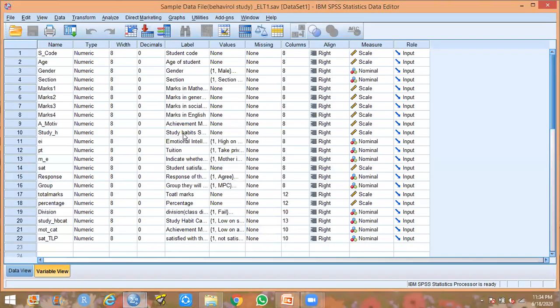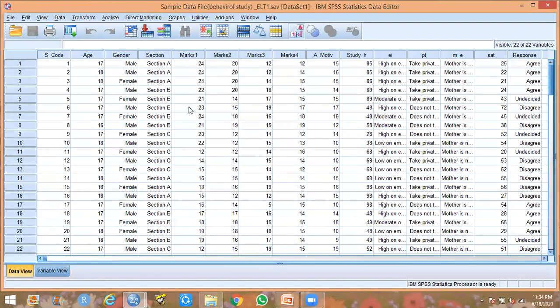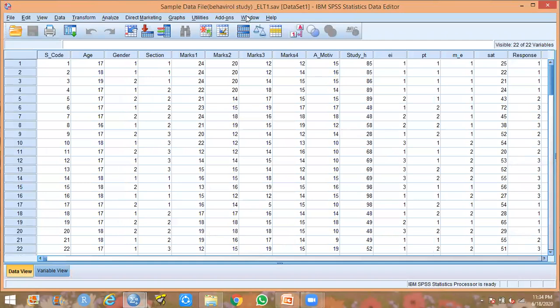Now my SPSS data file related to the behavioral study of the students has been opened. We are in the variable view window, and the data view window is this. Our interest is to test the relationship between these two categorical variables.